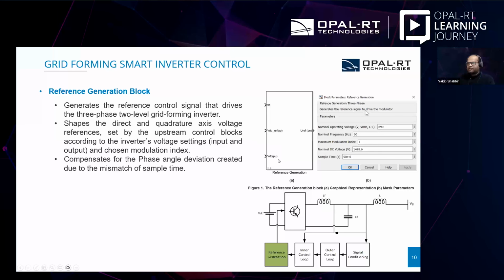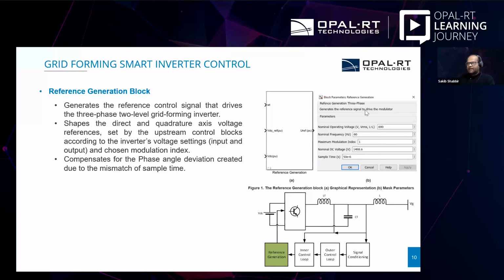These reference generation blocks have added protections, so that if the sample time in the blocks and the simulation is different, that phase difference is automatically corrected. But it's worth mentioning that while using these blocks in real-time simulations, the sample time for these blocks and the simulation has to be the same. This is only helpful when we are doing our simulation offline, just to reduce the computational burden.